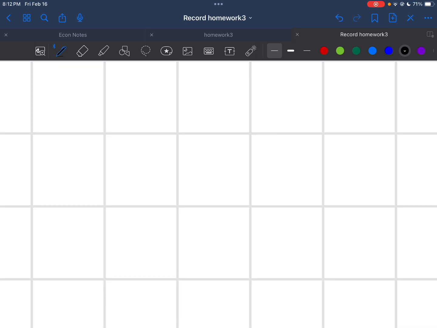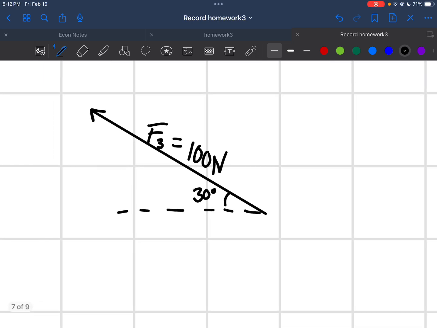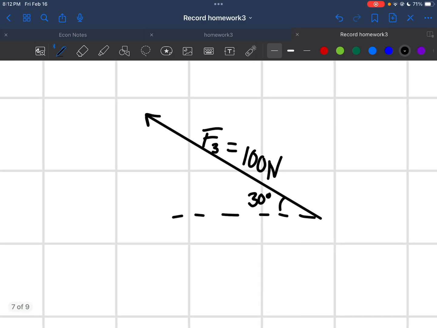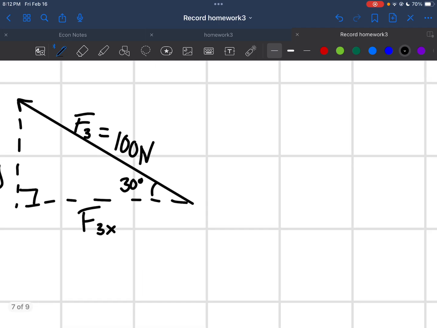So F3 I can do the same thing. I'm going to draw it this way. F3 was 100 newtons, and it was at an angle 30 degrees right there. So when I'm drawing my triangle, which these lines don't look very straight, but when I'm drawing my triangle, this is going to be my F3x and my F3y.